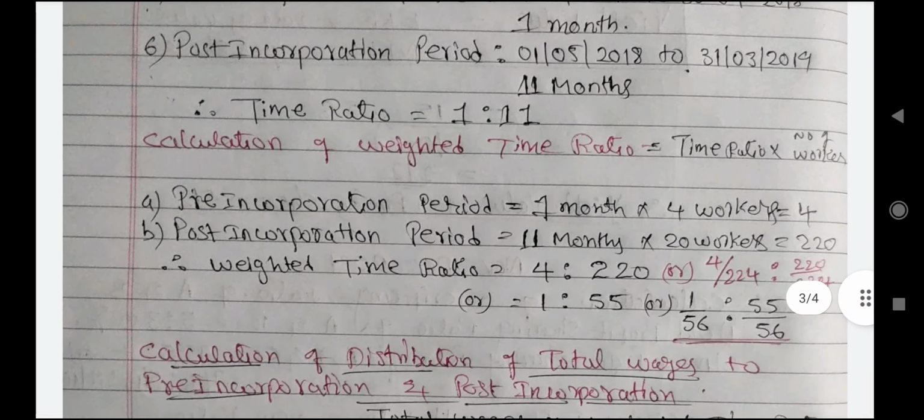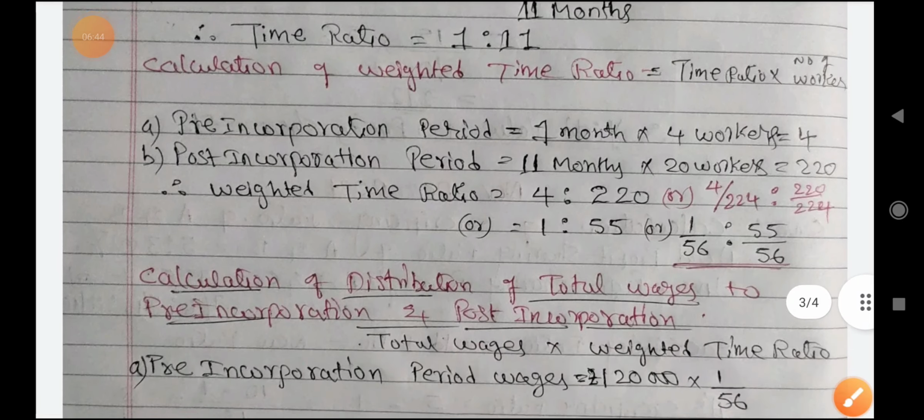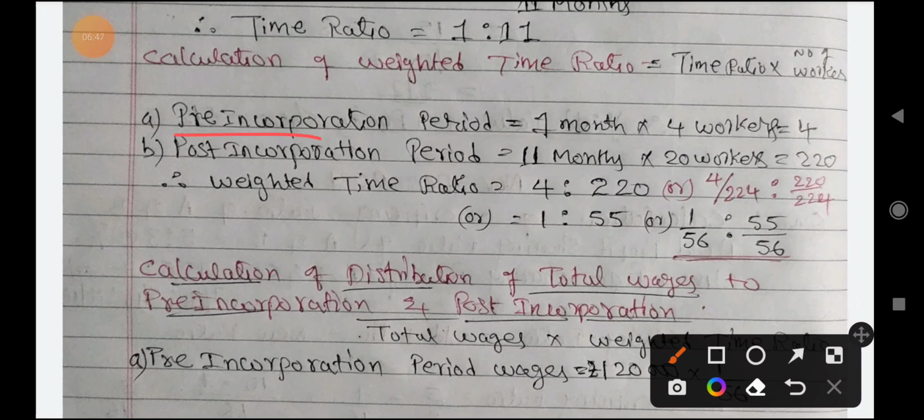So the time ratio will be 1:11, but they have asked us to calculate weighted time ratio, which is time ratio into number of workers. Pre-incorporation 1 month into 4 workers is 4, post-incorporation 11 months into 20 workers is 220.